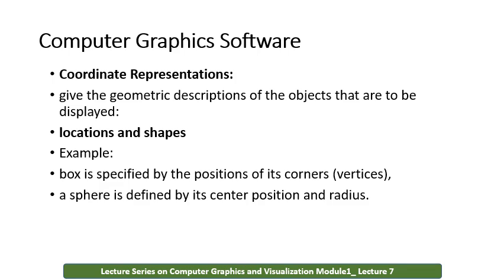Next is the graphics software. There are two broad classifications for computer graphics software: special purpose packages and general programming packages. Special purpose packages are designed for non-programmers who want to generate pictures, graphs or charts in some application area without worrying about the graphics procedures that may be needed to produce such displays.